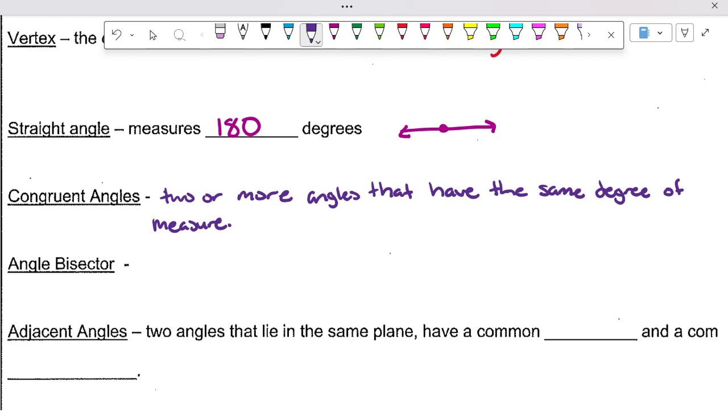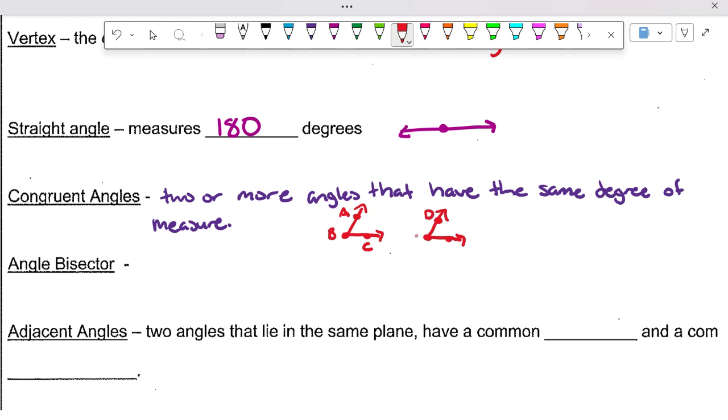Now, remember, congruent angles. For example, let's say I had 2 angles here. Typically, an angle is named using 3 points. So let's call this point A, B, and C. And then we have another angle.